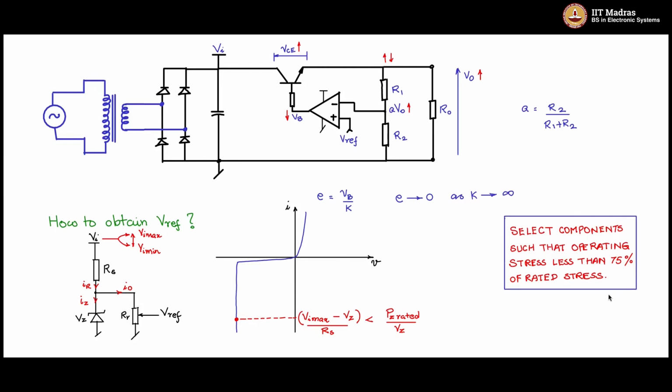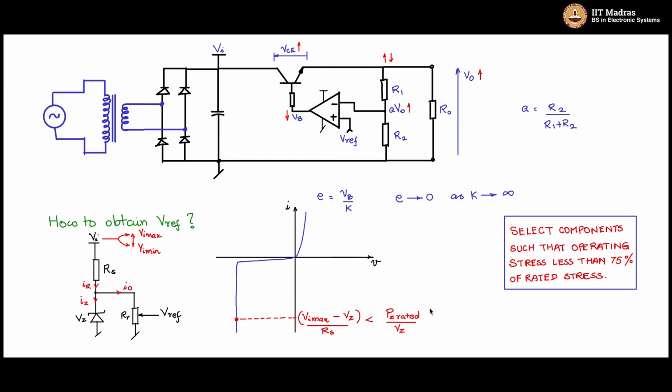This is a thumb rule which you can follow so that you have some buffer margin of 25% between the max operating stress and the rated stress, so that the component can withstand some uncertainties and variabilities.